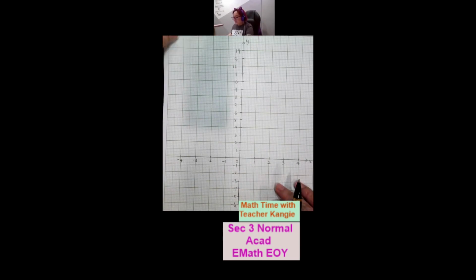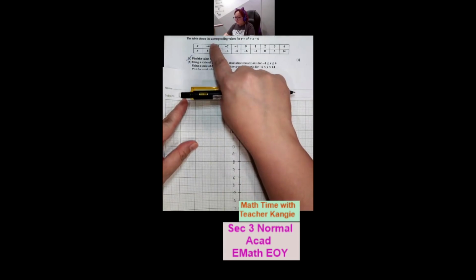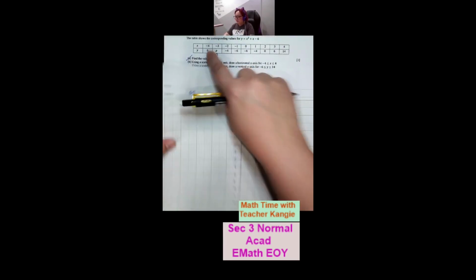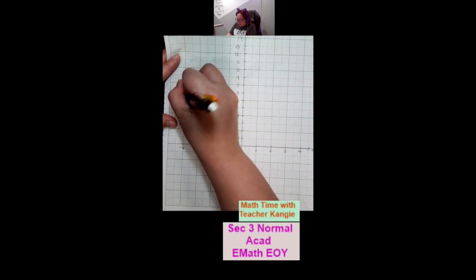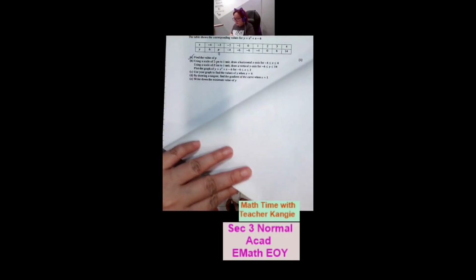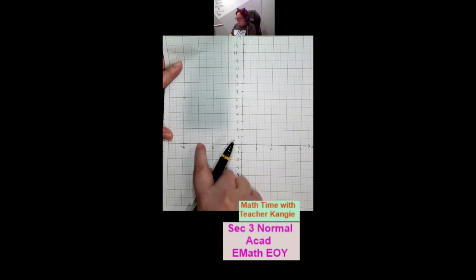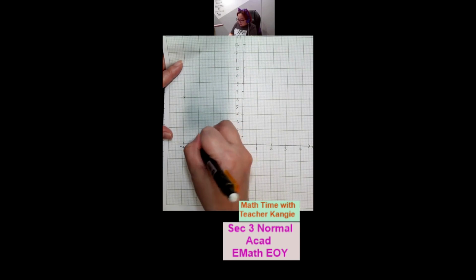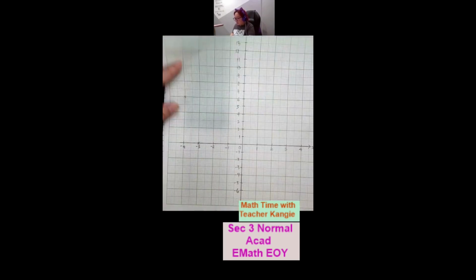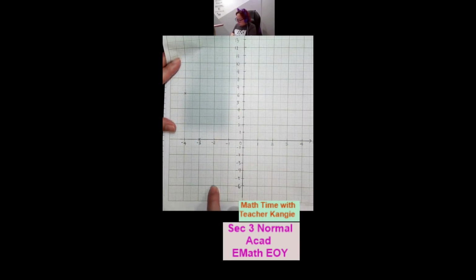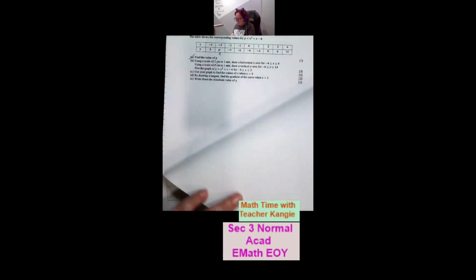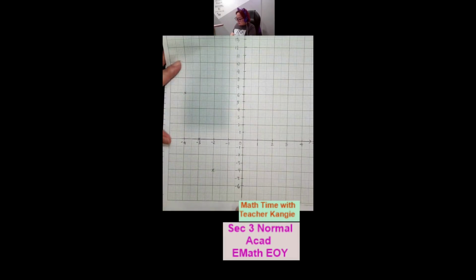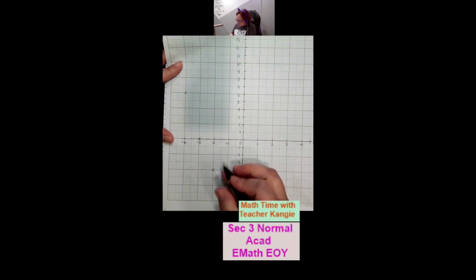Okay, let's plot the points. So -4 and 6. You always read the x first before the y. So -4 and 6. So mark a cross there. Next is -3 and 0. -2 and -4. Here one point. -1 and -6.